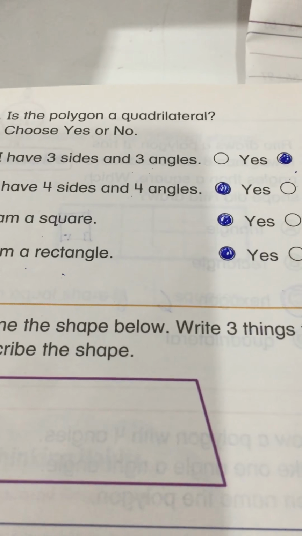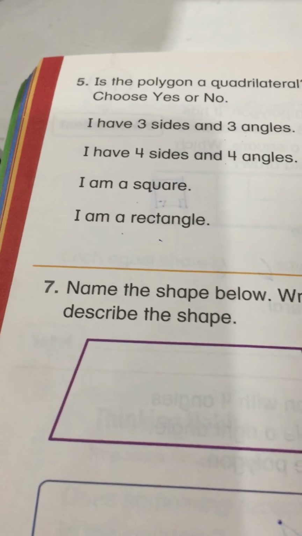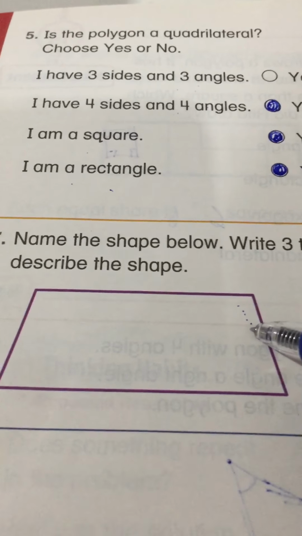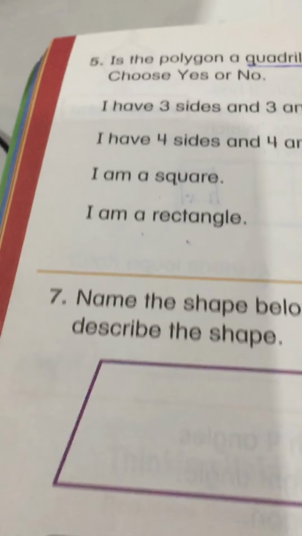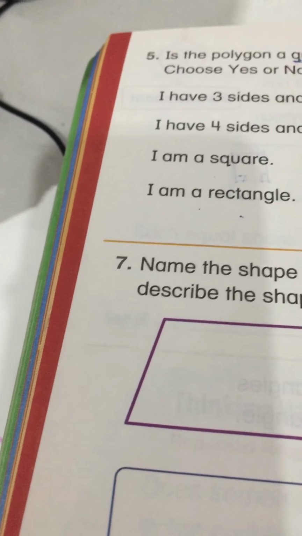Okay, so let's go and see number 7. Name the shape below and write 3 things that you know or describe about this shape. So everybody knows this shape is what? It is a quadrilateral. You can write the name here. And they said write 3 things that describe the shape.